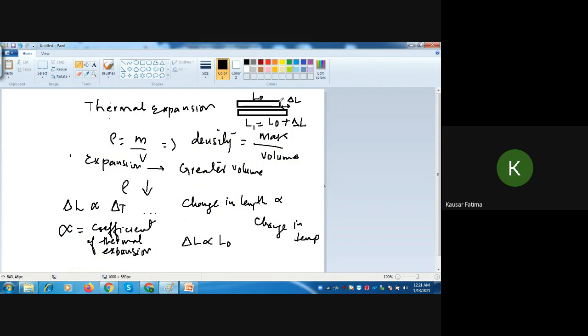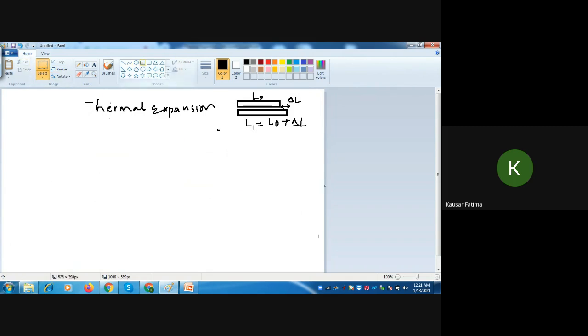Now, if you have an initial length more than this, if you have an already longer rod, say the length is twice. 1 meter expands, suppose, by 0.00001 meter, for example. So if the initial length is 2 meter, what will be the extra length?